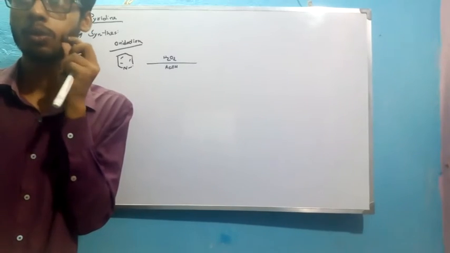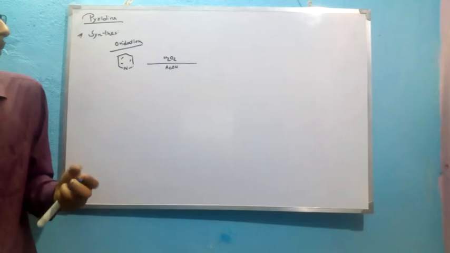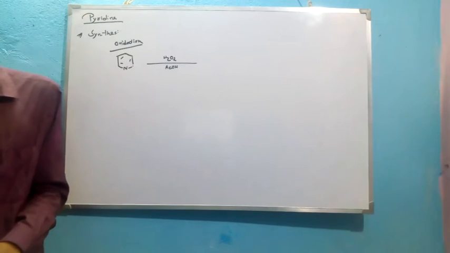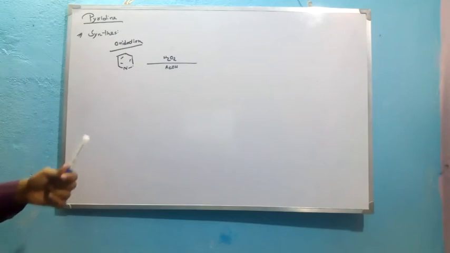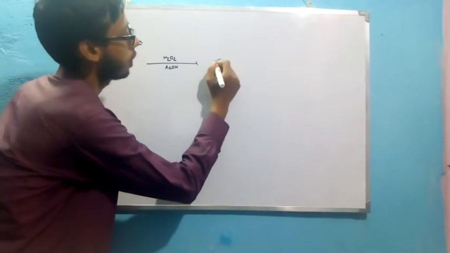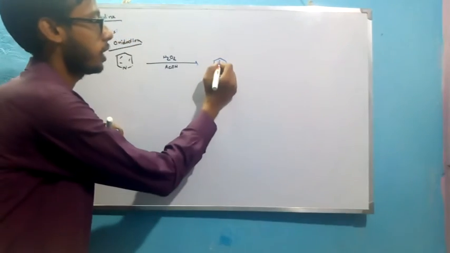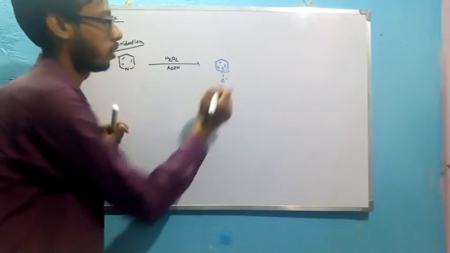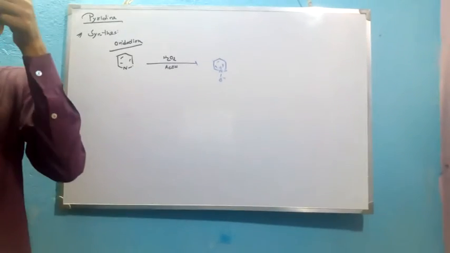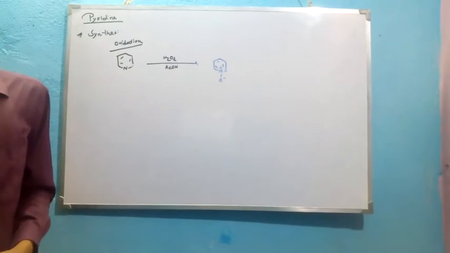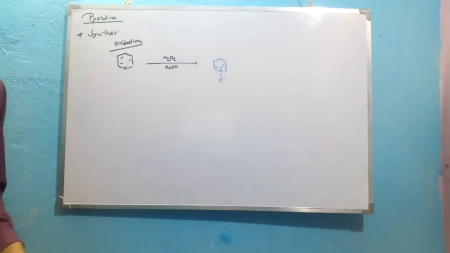The question may be asked, what is formed when pyridine is oxidized with H2O2 or hydrogen peroxide, and the answer is that it produces the N-oxide derivative.